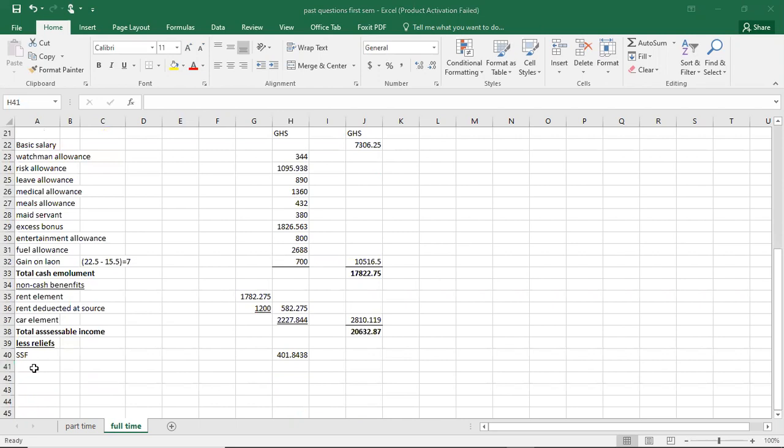Then he is married with 5 children. So marriage responsibility. He has children that are going to school. So child education. We are being told that this man also takes care of the aged dependents.